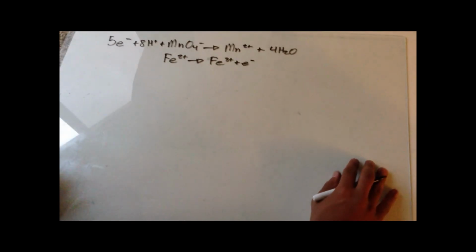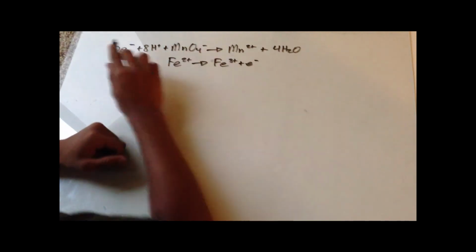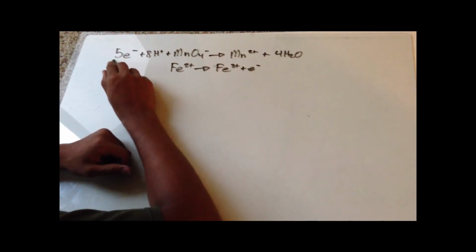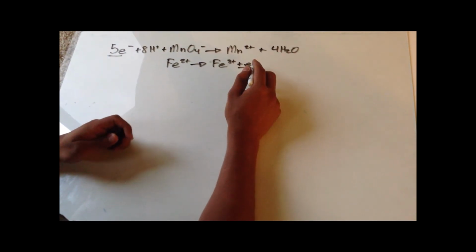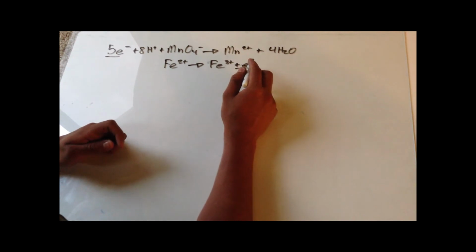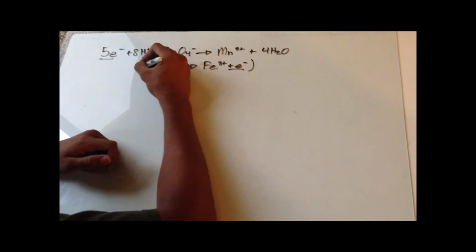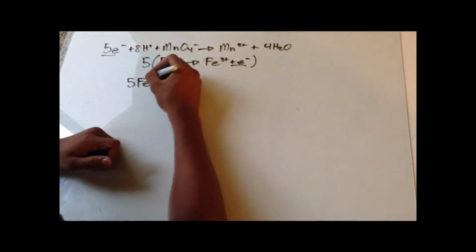So the next step is to make the electrons equal. Since there's 5 on the reduction half, and there's only 1 on the oxidation, you would need to times this whole equation by 5, getting you 5.